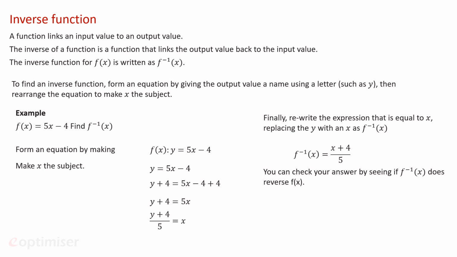This is the reverse of what 5x minus 4 does. For example, if you pass 2 to f(x), you will get 6. If you pass 6 to f inverse of x, you will get 2. If you put 6 in that formula, 6 plus 4 is equal to 10, 10 over 5 is equal to 2. So it does the reverse.